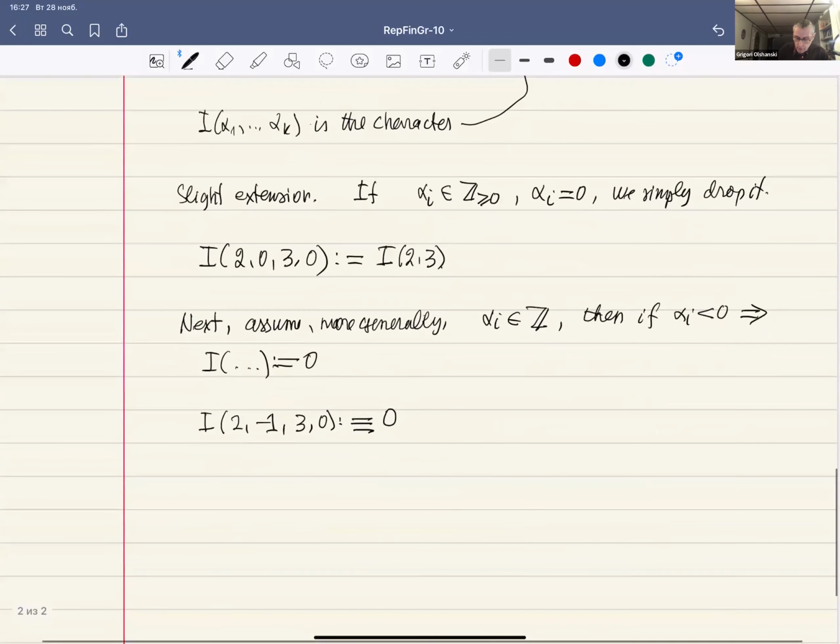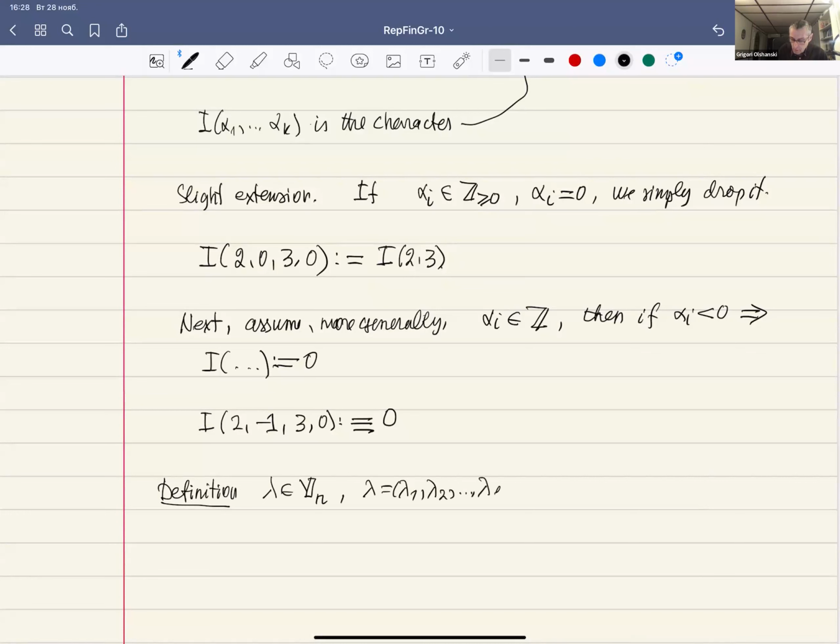Now I want to define the following. Assume lambda is a Young diagram with n boxes, or a partition, which is the same. We assume that, as usual, these are non-negative numbers, so k is necessarily greater or equal to the number of non-zero coordinates in lambda.